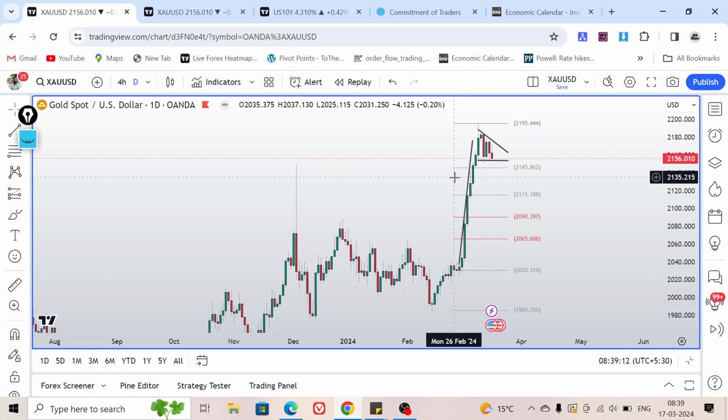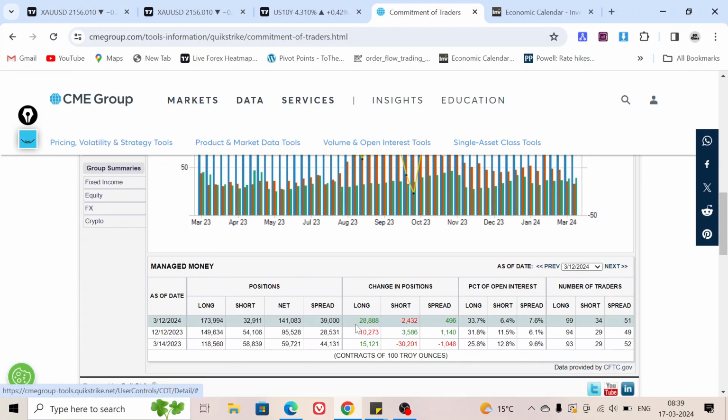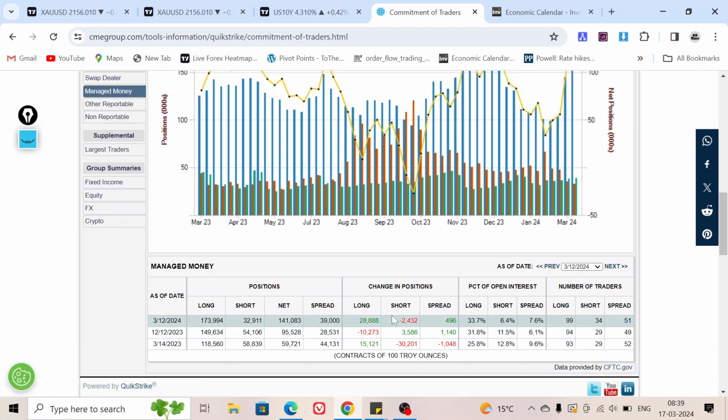So overall, the sentiment as per the current change in positions is still favoring the gold bulls.